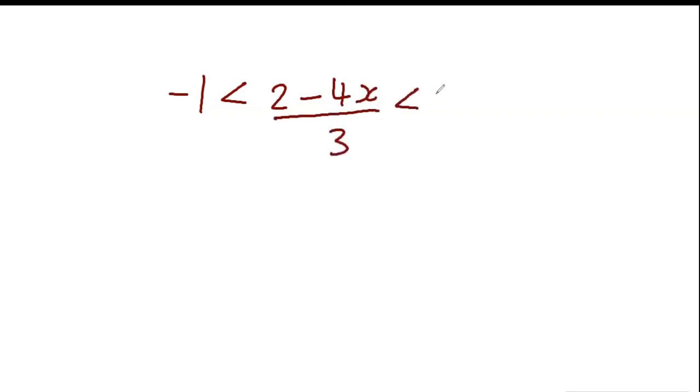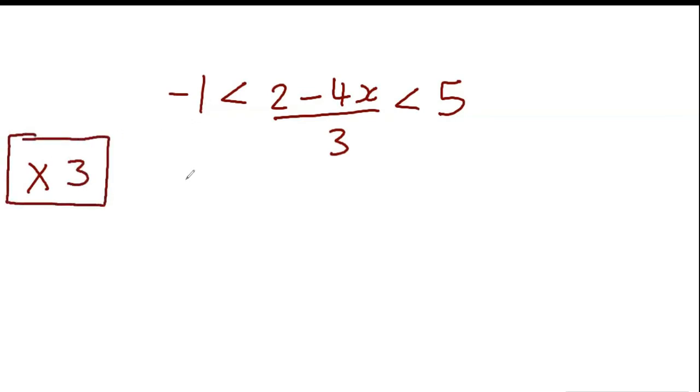So the inequality was that -1 is less than 2 minus 4x over 3, and that is less than 5. So step 1, we're going to multiply through by the denominator of the fraction.